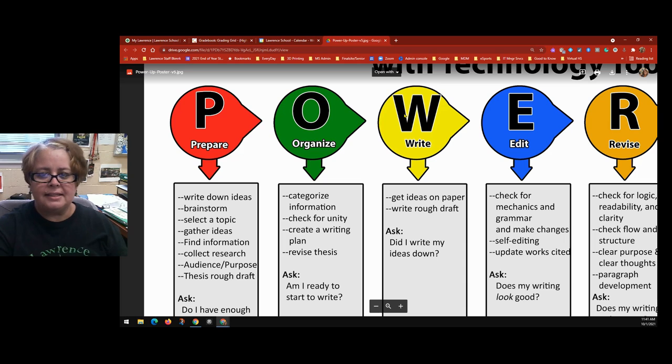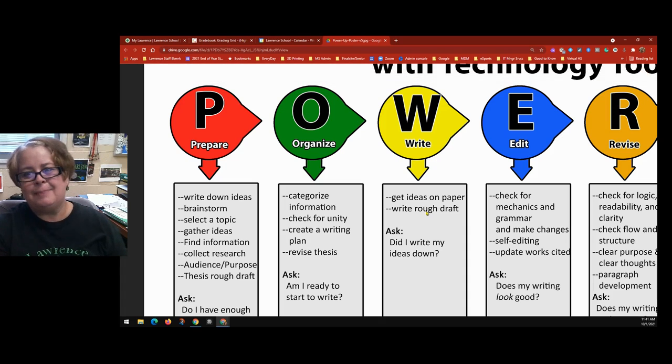The write phase is taking these ideas and actually writing sentences and paragraphs. And you're asking yourself at this stage, did I write my ideas down? So for this, you're literally just writing. Whether you're handwriting, typing, or using dictation, you are just writing. You're not doing research, that comes before, and you're also not editing or revising.